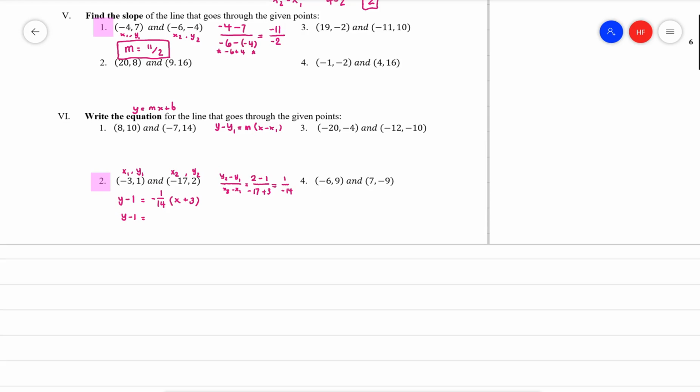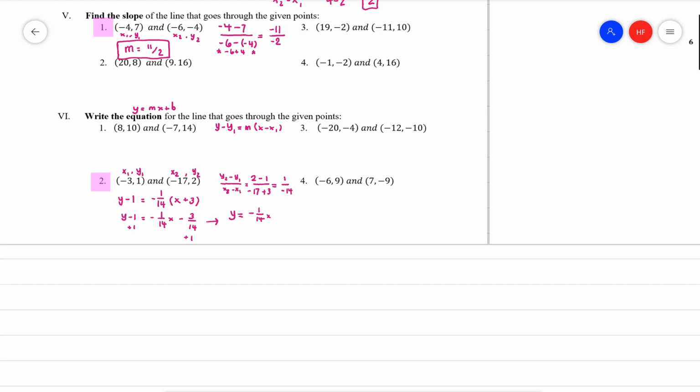Now we'll solve this for y. So distribute that negative 1/14. And add 1 to both sides. y equals negative 1 over 14 x.